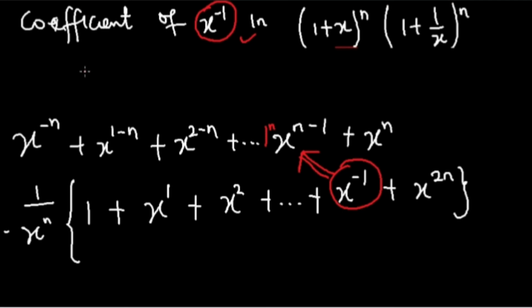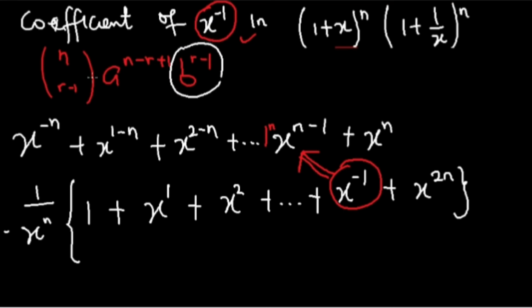Now remember, in one of the videos I did on how to get a specific term in a binomial expansion, you remember that if you have the r minus 1 term, you have a to the n minus r plus 1, then b to the r minus 1. That means whatsoever that is on top of this b is what we are going to have here.